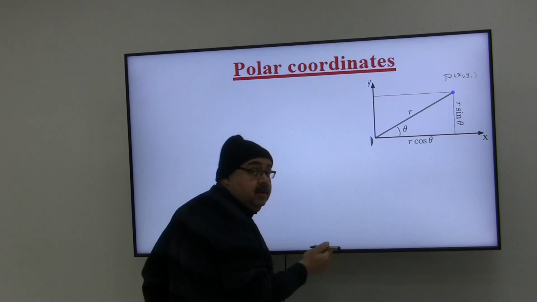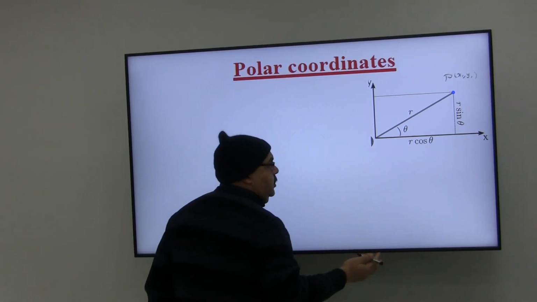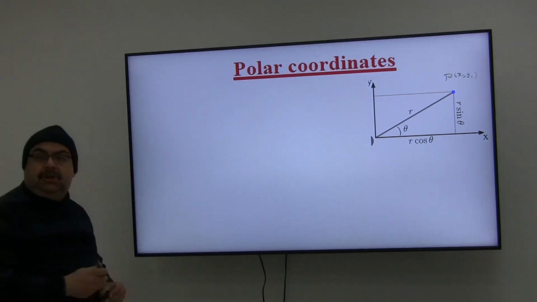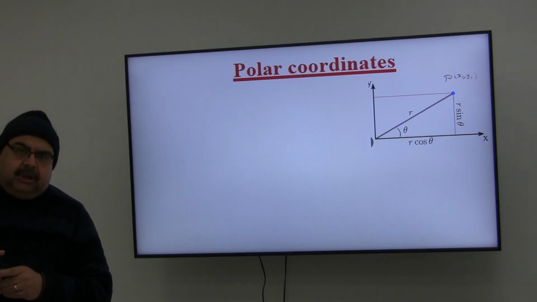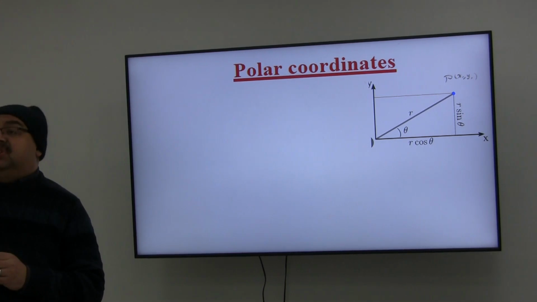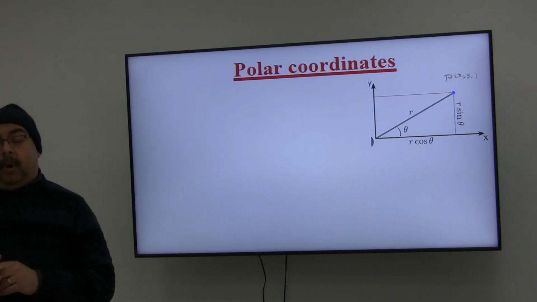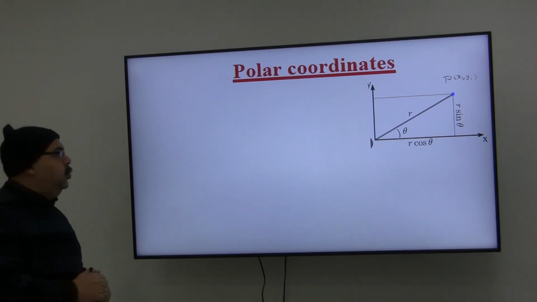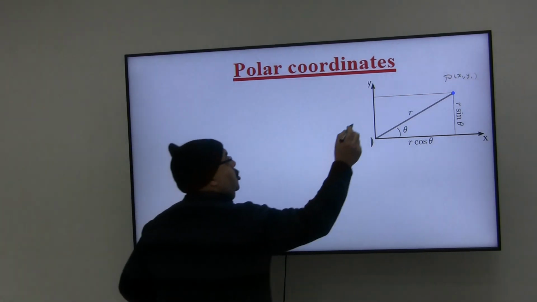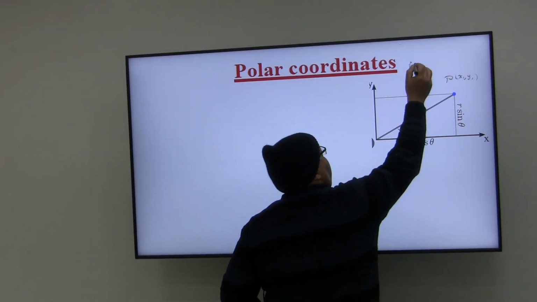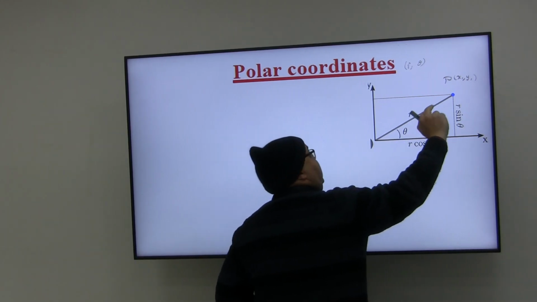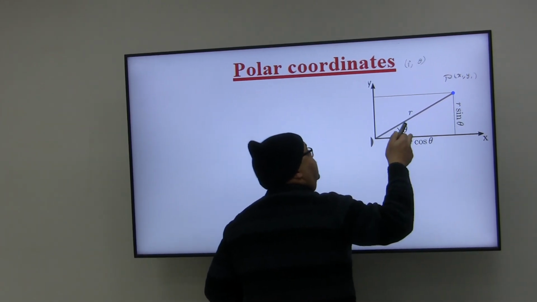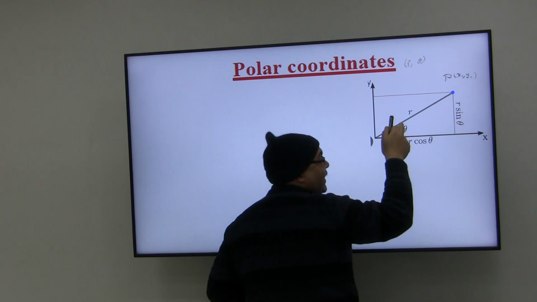There is, of course, the polar coordinates, which has a lot of applications, and it is easier to use. The polar coordinates will go like this. It will depend on 2 coordinates, which are r and theta. So I will move a specific length at a specific angle.